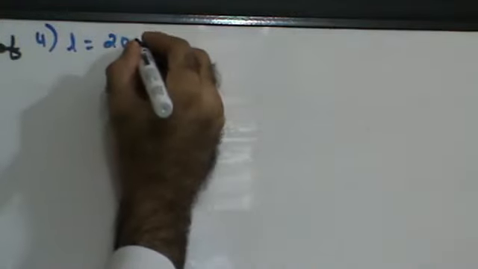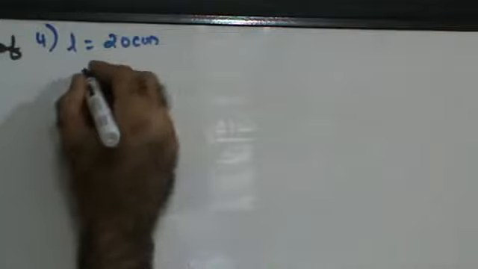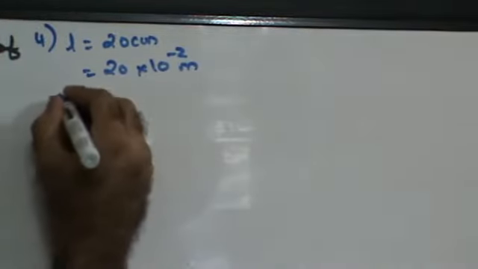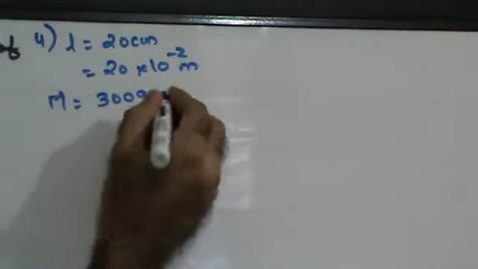A thin uniform rod has a length of 20 centimeters and a mass of 300 grams.